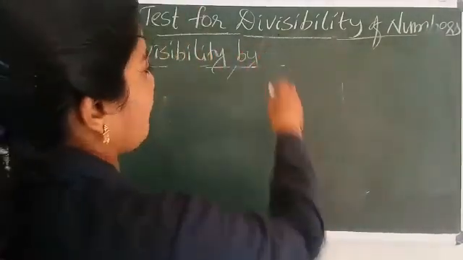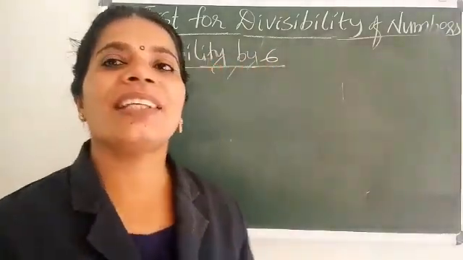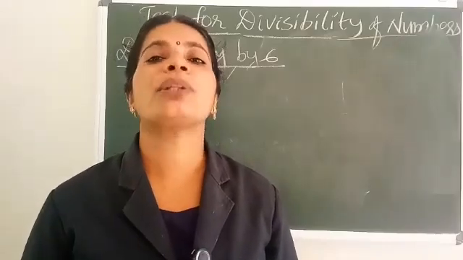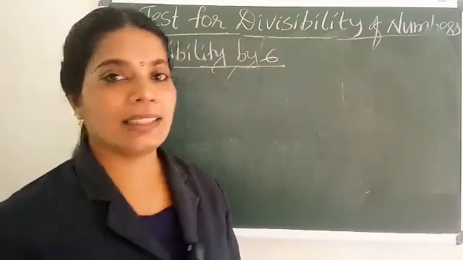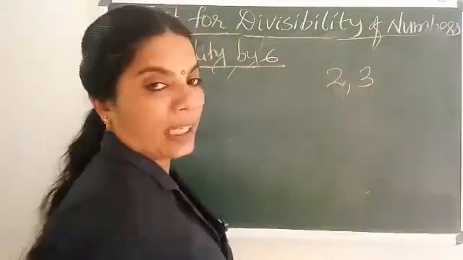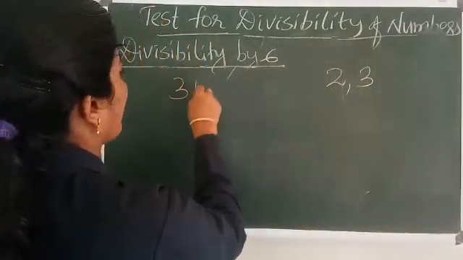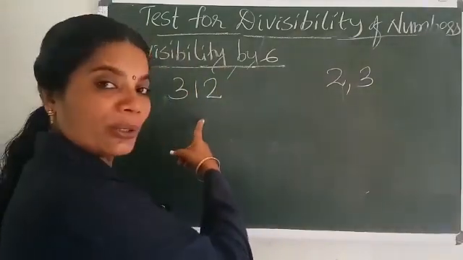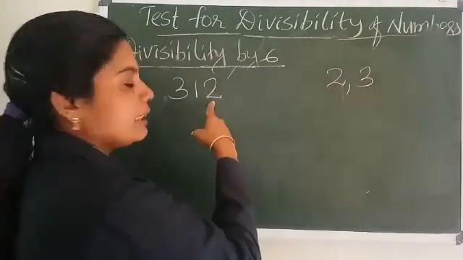Next, divisibility rule by the digit 6. If a number is divisible by both 2 and 3, it is divisible by 6. Consider an example, 312. Is it divisible by 6 or not? First check if it is divisible by 2. Look at the digit in the ones place.